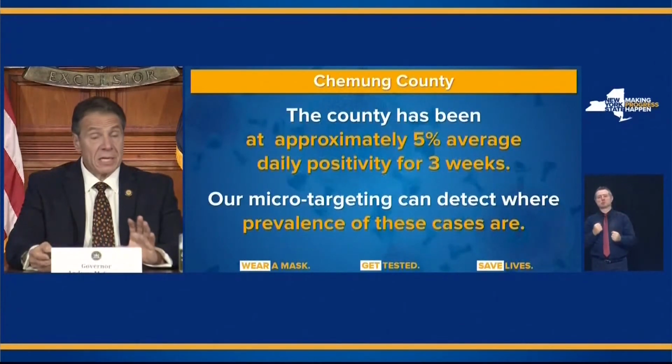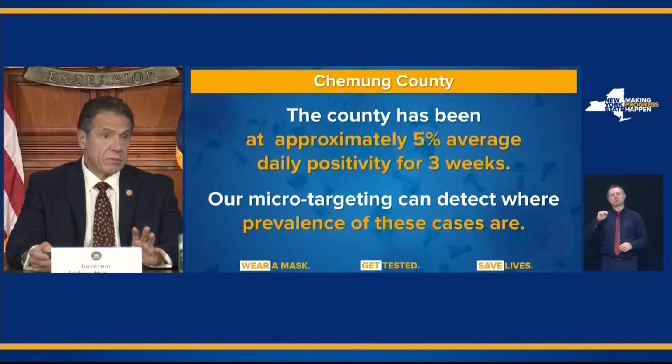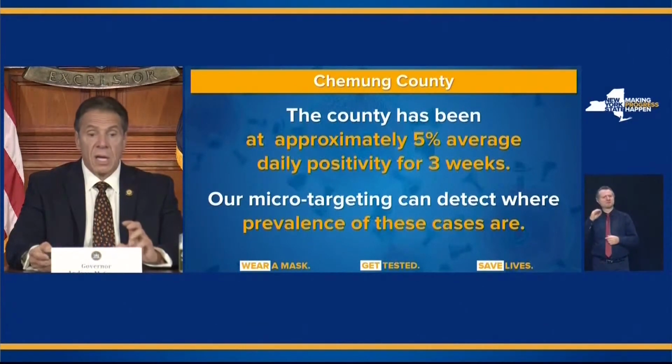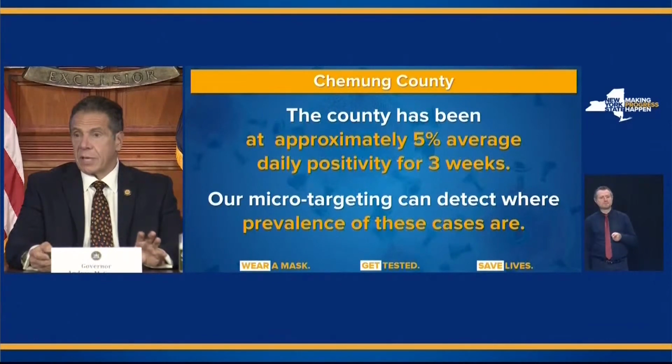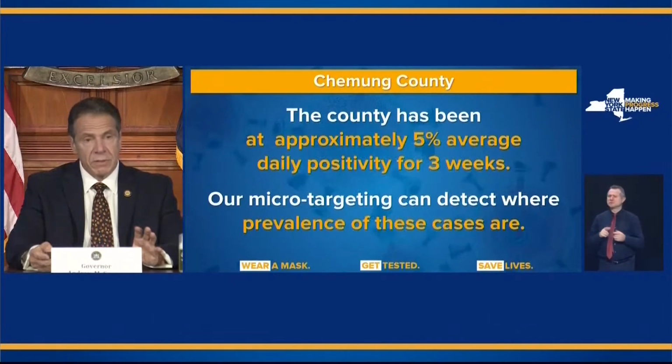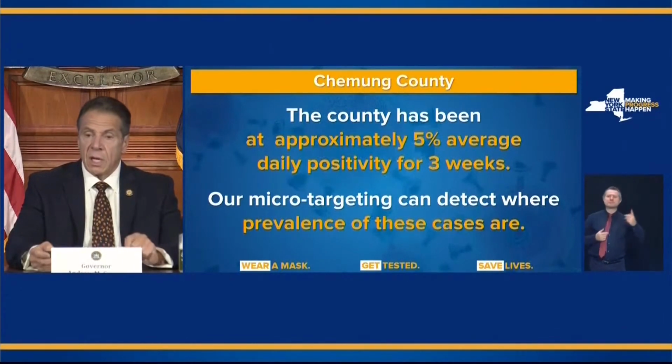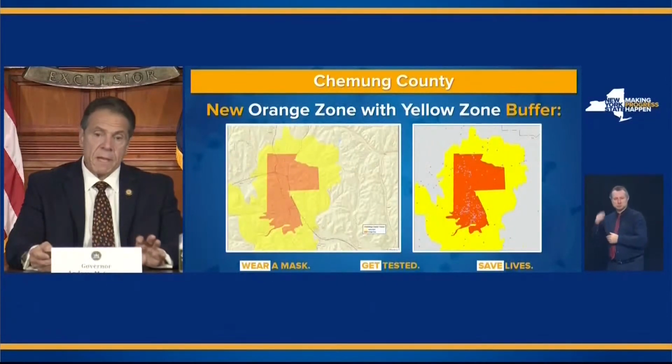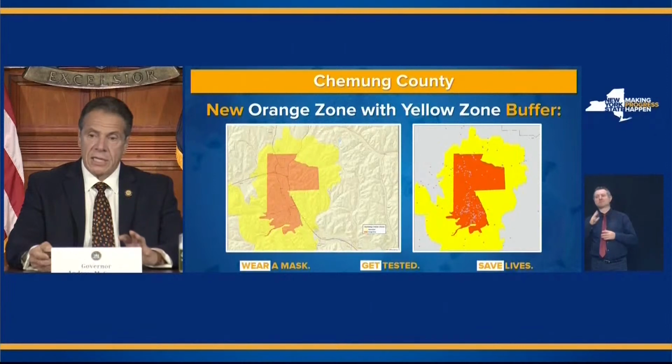Chemung County has been at about 5% for about 3 weeks. That's a problem. Again, we're trying to find out a specific cause of the spread, but it may very well just be the proximity to Pennsylvania. So we're focusing on that. But Chemung County is going to have an orange zone and a yellow zone buffer.